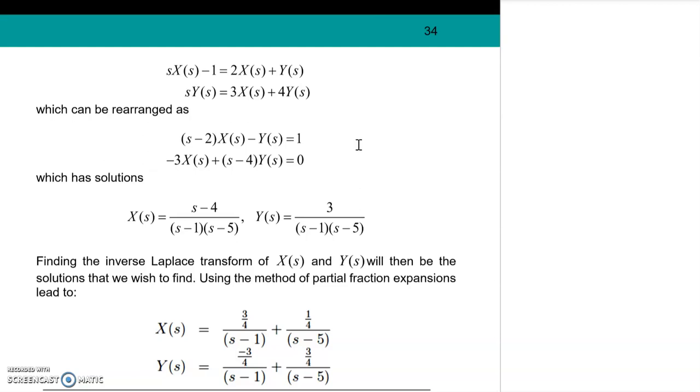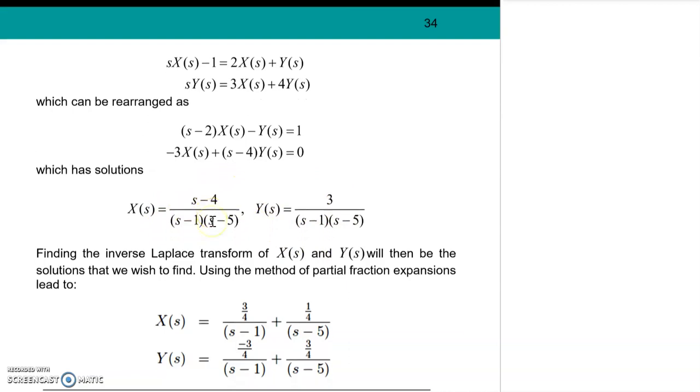Our aim in the first place is to get x(t) and y(t). We know that we can get x(t) if we take the inverse transform of these terms here. Similarly, we'll get y(t) if we take the inverse Laplace of Y(s) here. So take the inverse of the right-hand side term here.